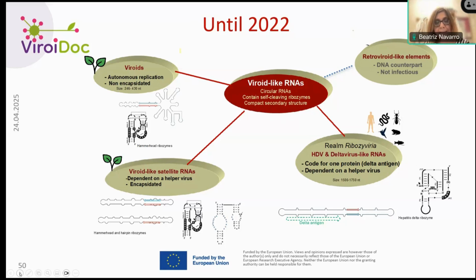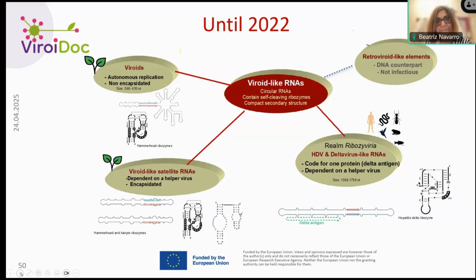They also need a helper virus for infectivity, and they have coding capacity. They code for one protein, the delta antigen, and they are a little bit longer, up to 1.7 kb more or less. They contain a particular type of ribozyme called hepatitis delta ribozymes.